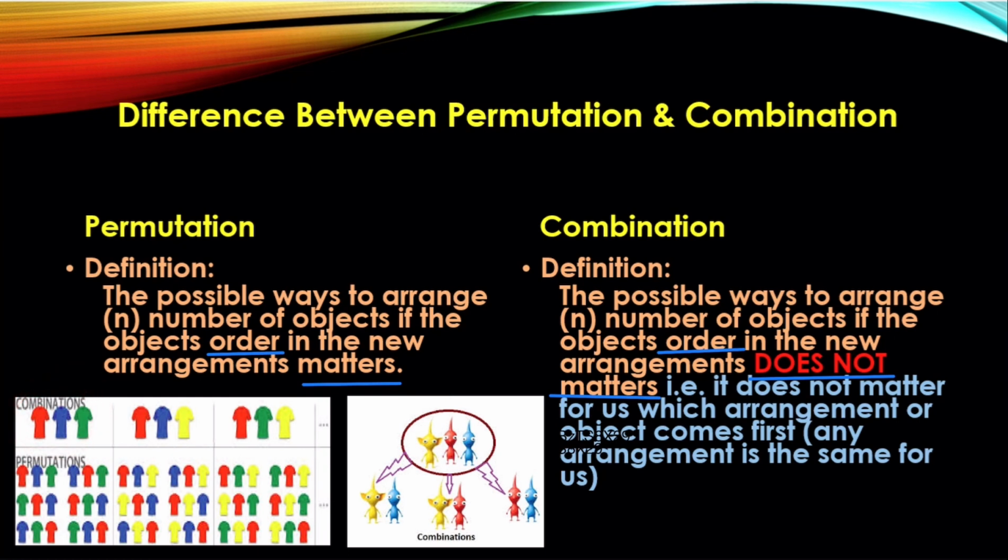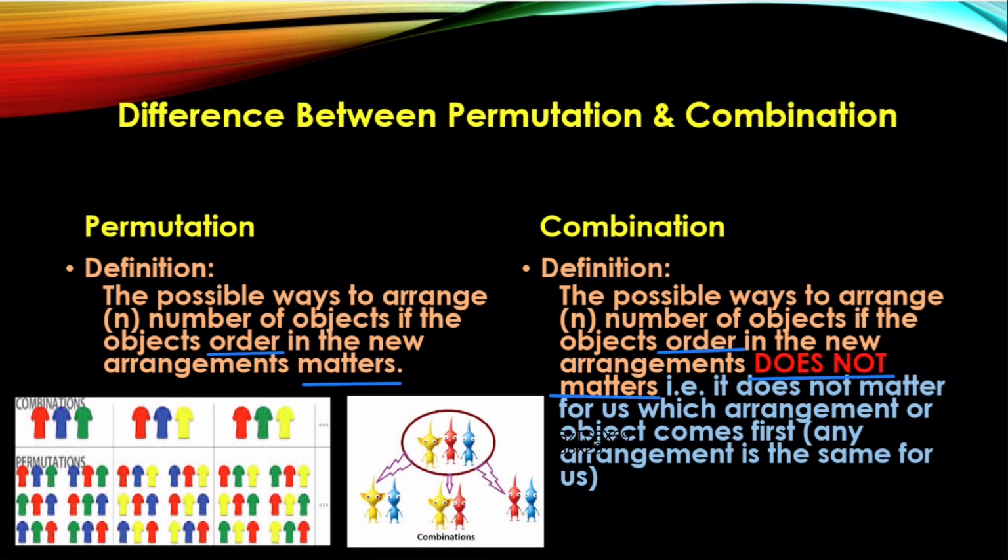combination. Okay, so let us talk here about these three aliens which we have. We have one yellow, one red, and one blue. If I want to pick only two of them, I can pick the yellow and the blue, the yellow and the red, and lastly the red and the blue. This is combination. Why? Because the order doesn't matter.